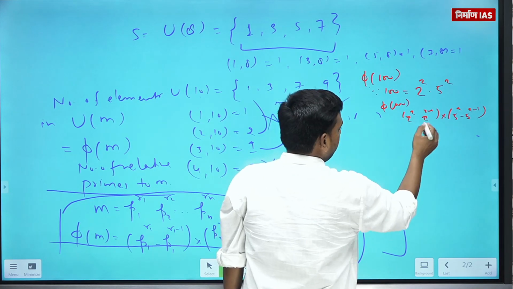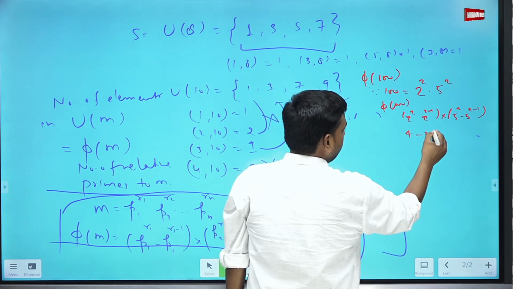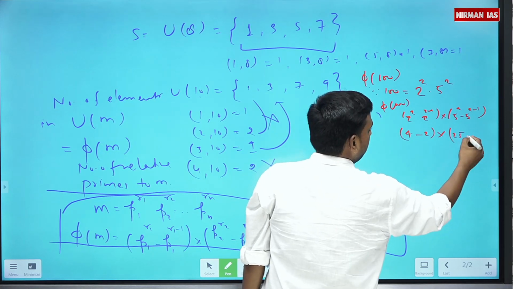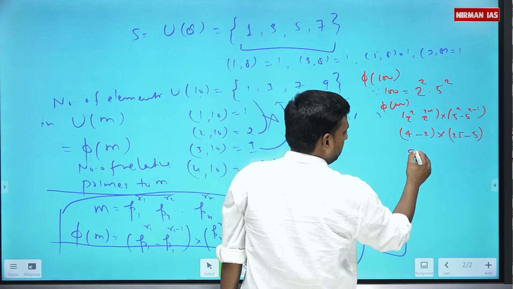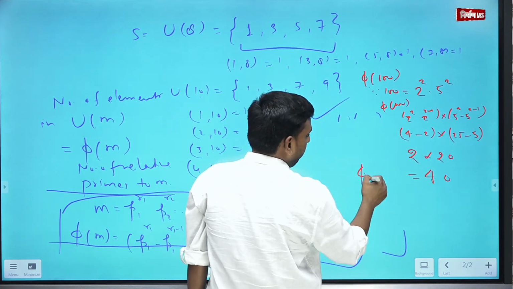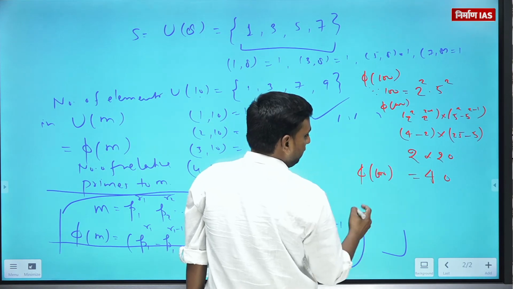Ultimately it is coming out as 4 minus 2 into 125 minus 25, and it is 2 into 100, that is 200. So φ(500) will be 200.